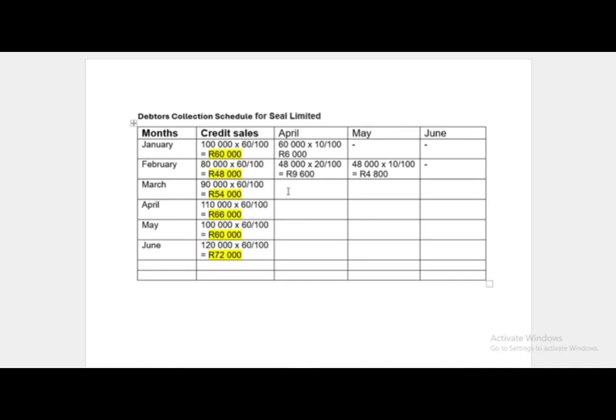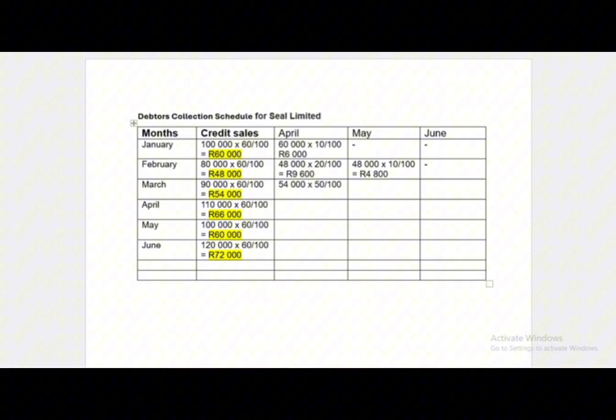So it means we need to collect 50% of 54,000, because for March we need to collect 50% of credit sales, which is 54,000 multiplied by 50 divided by 100.